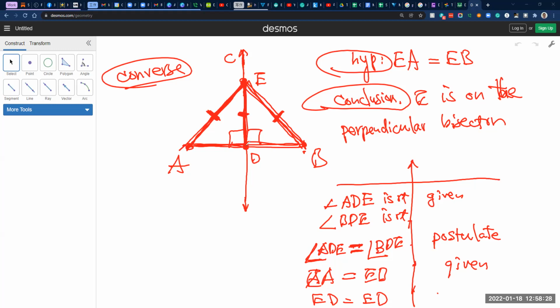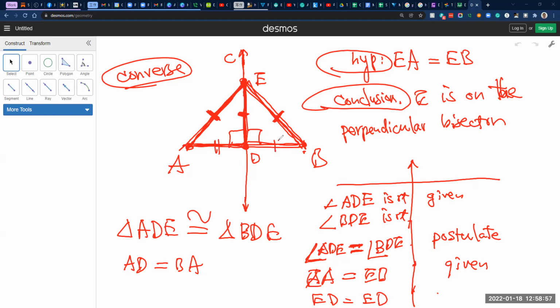ED is a leg of the right triangle. So based on the previous theorem, we know that triangle ADE is congruent to triangle BDE. Now because they're congruent, we know AD is congruent to BD.